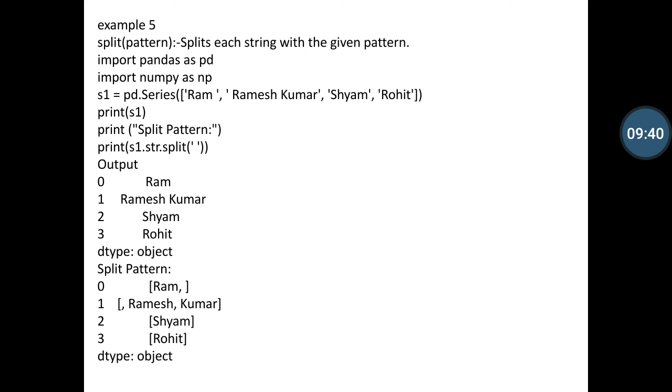At the 0th position, Ram, then close the bracket, and then Ramesh, Kumar, and then Shyam, and then Rohit. You can notice here it split the names into various string patterns.